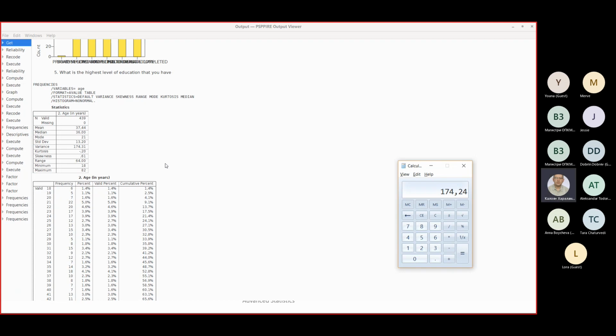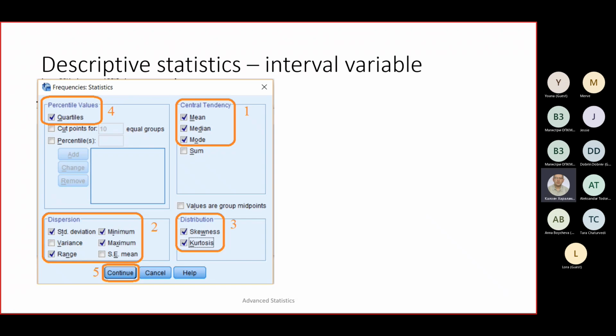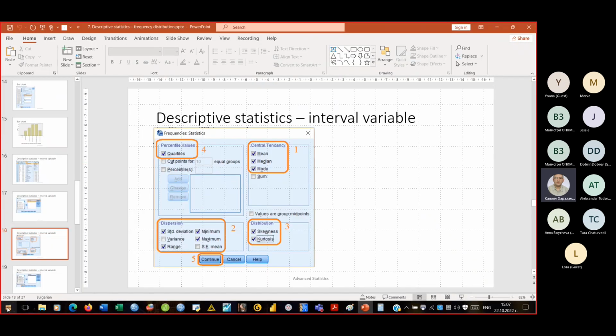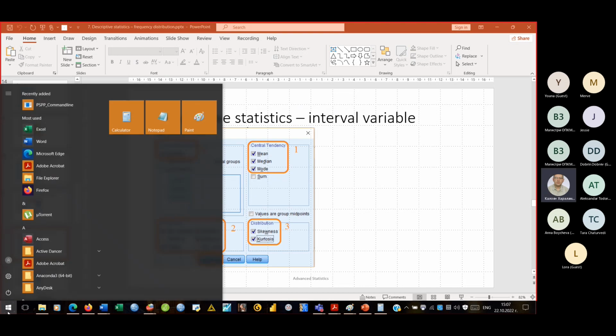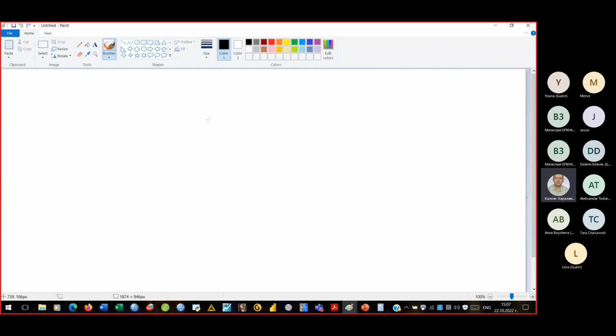So here I will draw some pictures to explain what skewness means, and what kurtosis means. Skewness, form of distribution.